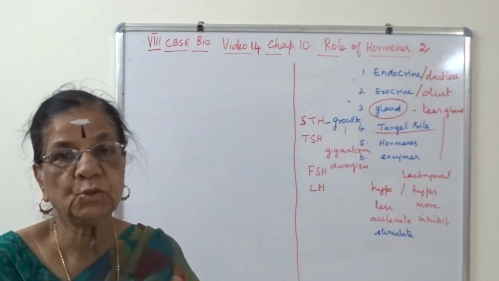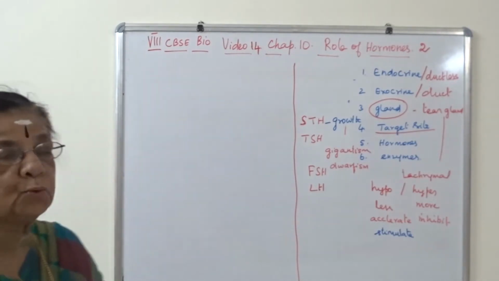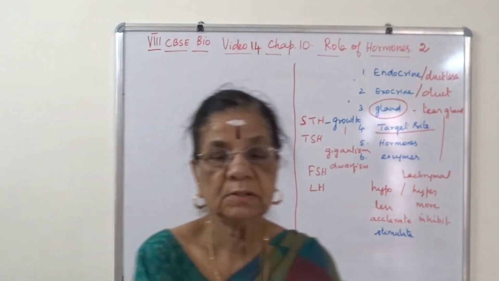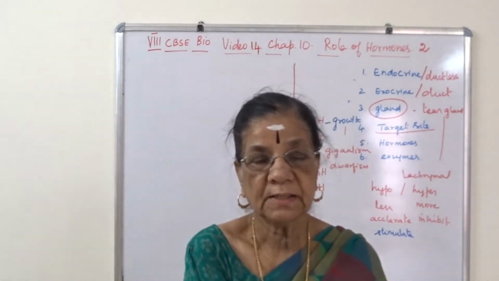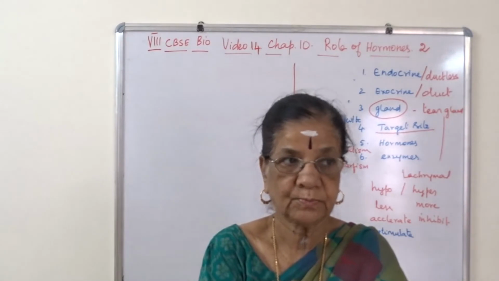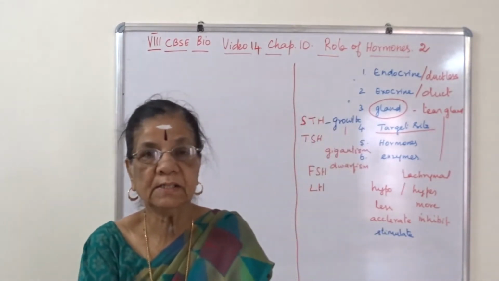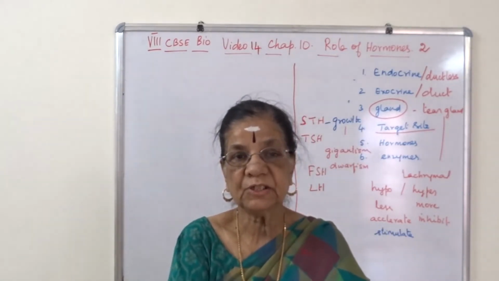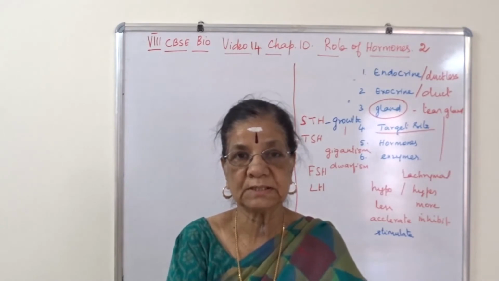Today we are going to do video session 14, chapter 10. I have given a heading as Role of Hormones, part 2. As such, it is given in our textbook as Reaching the Age of Adolescence.